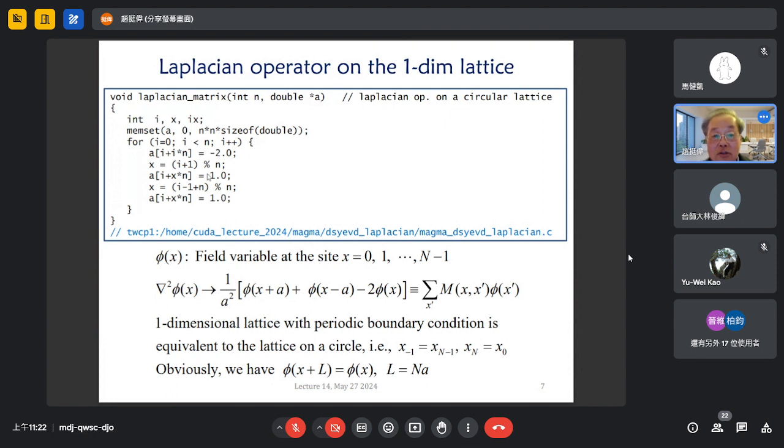So with these two operations, I impose the periodic boundary condition in the forward and backward direction.